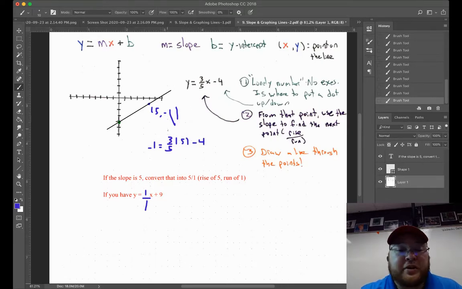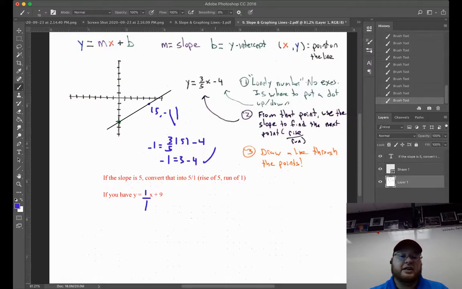This is a point on that line, so this is going to be a correct equation. 3 over 5 times 5 is equal to 3. So is it true that negative 1 equals 3 minus 4? The answer is yes. So check. That point is good.